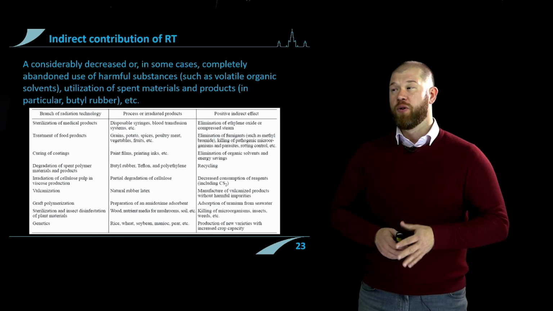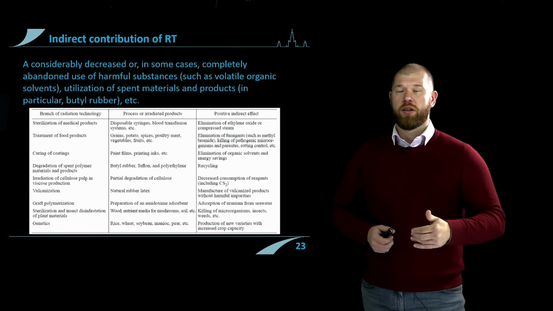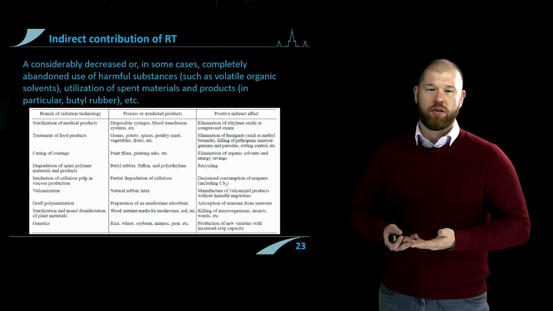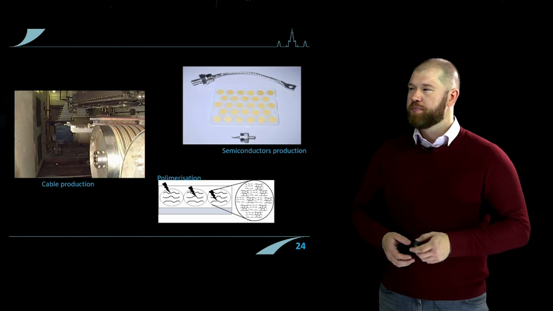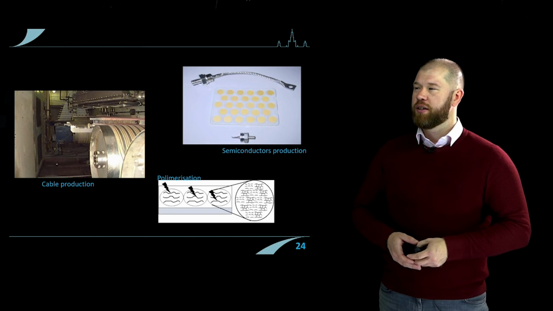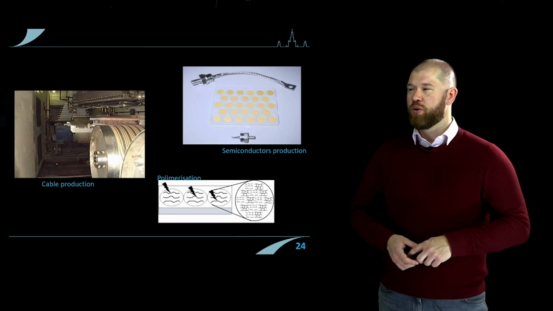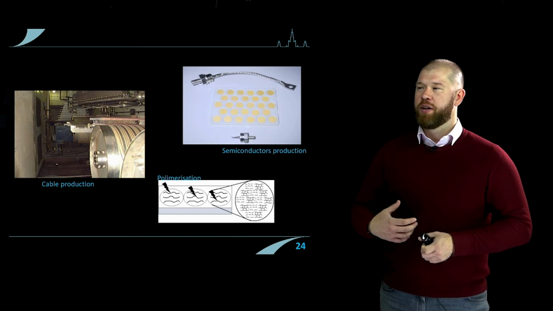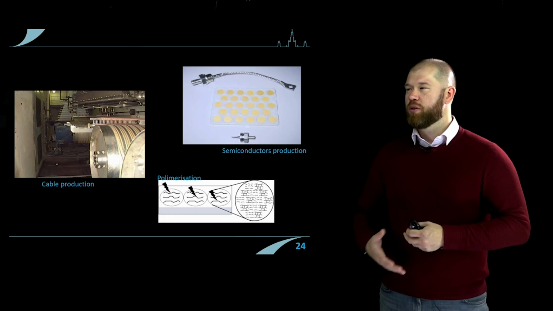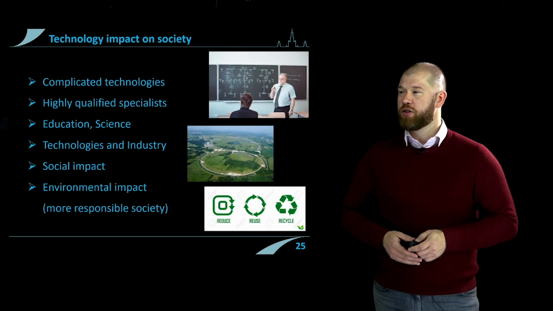And thus, with use of radiation techniques, we can decrease the use of hazardous organic solvents, organic compounds, and other chemicals. These are examples of cable production and semiconductor production without use of special chemical components that are generally used in these productions.